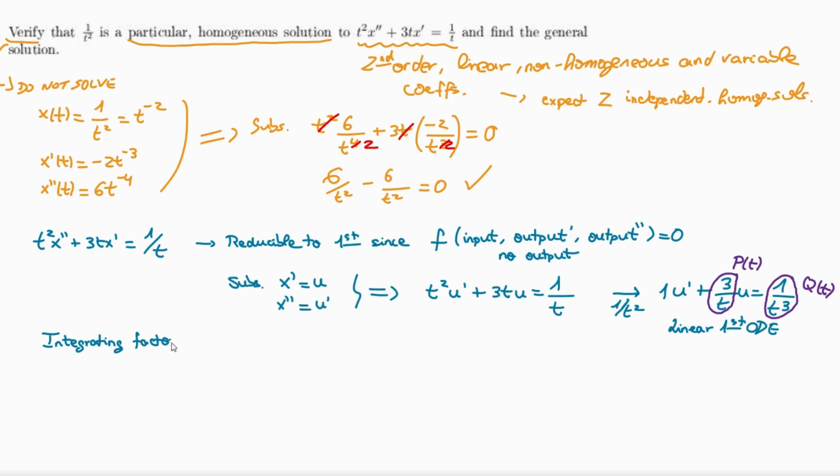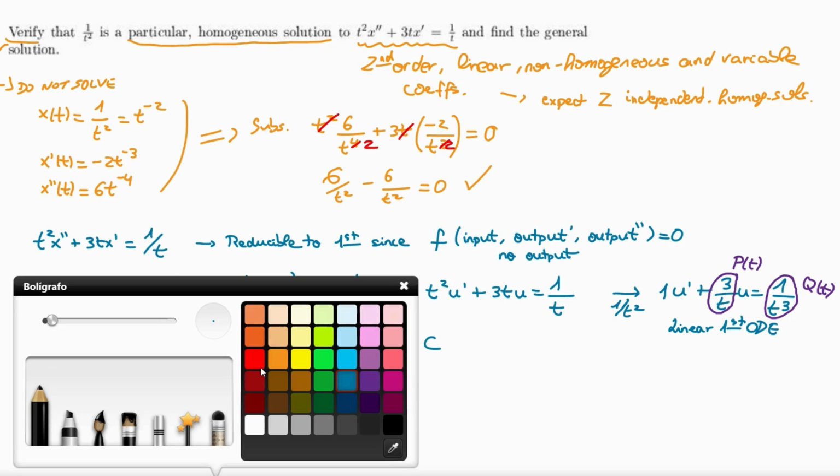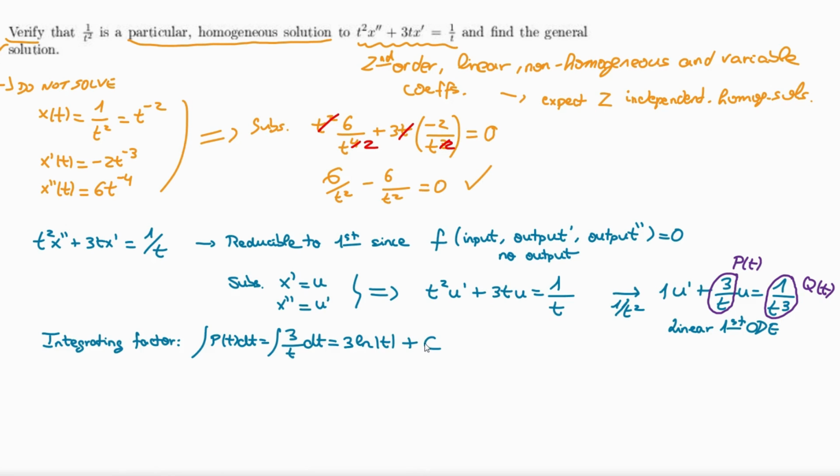Whenever we find one of the so-called basic structures, separable, linear, exact, we feel comfortable. There shouldn't be too many surprises in there. So the integral of p of t dt, it's the integral of 3 over t dt, which is 3 times natural log of t. Do we need to include the additive constant? Remember, there's only one case in differential equations in which it's safe to assume the additive constant is 0, and that case is when calculating an integrating factor.